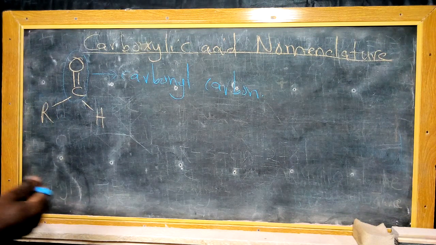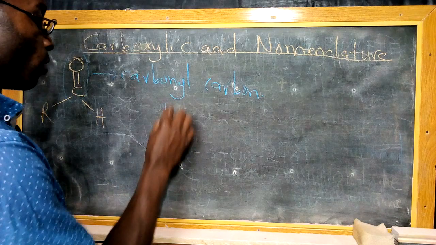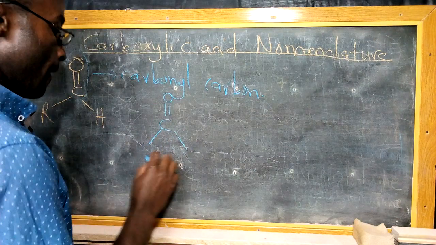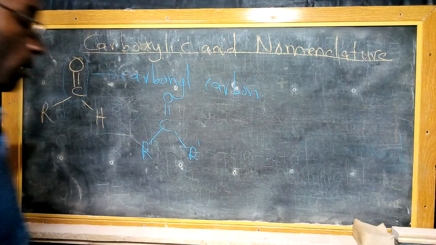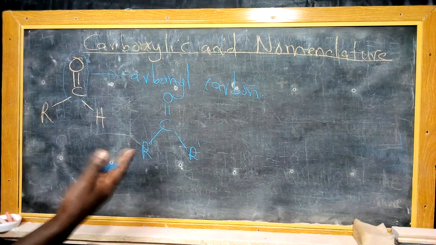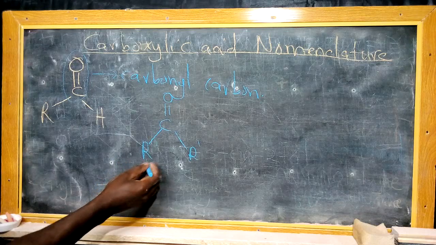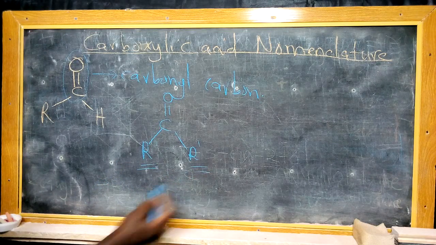that we have discussed in other videos. For instance, the functional group of ketones is made up of two different radicals. Of course, they can be the same, but for that case, let's represent the first radical as R and another one as R prime.